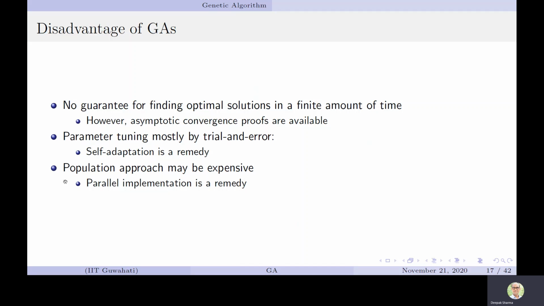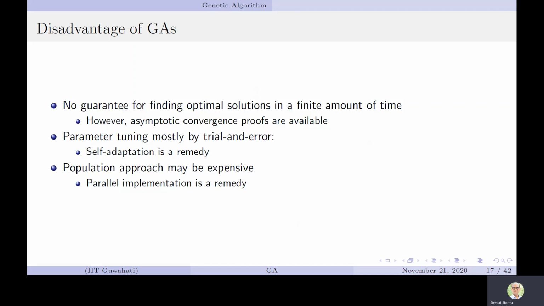The third disadvantage is that since genetic algorithm is a population based approach, meaning we have to calculate the objective function and constraints for multiple points, it is expensive. Expensive in terms of function evaluations and expensive in terms of time.